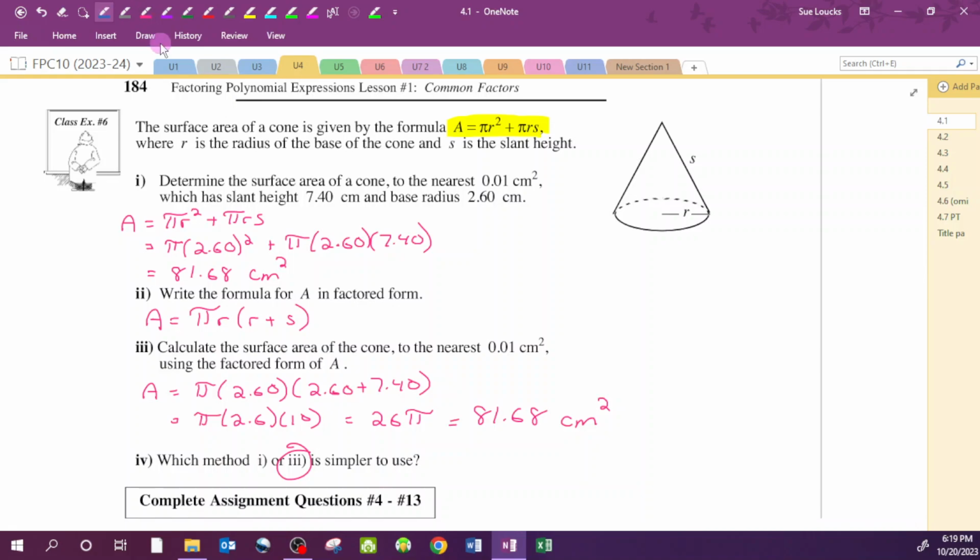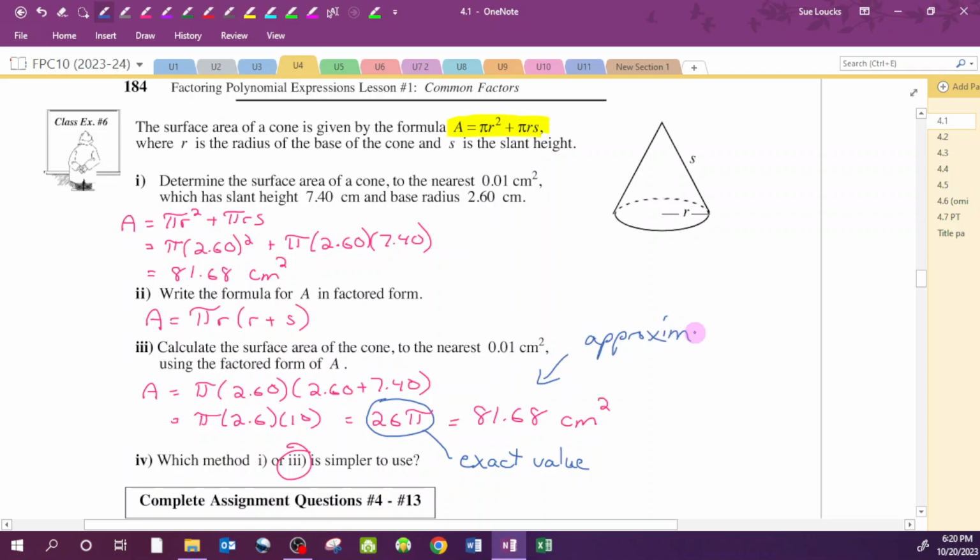One more thing that I want to draw your attention to. This is the exact value, okay? Pi, anytime we hit the pi button or we use 3.14. But you shouldn't be using 3.14 by the time you're in grade 10. You should be using the pi button. This is an approximation, right?